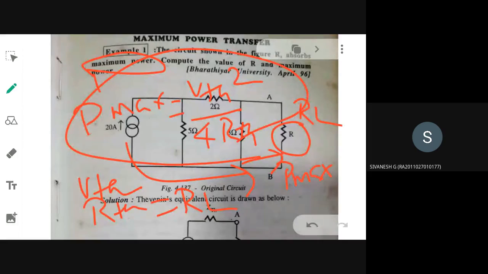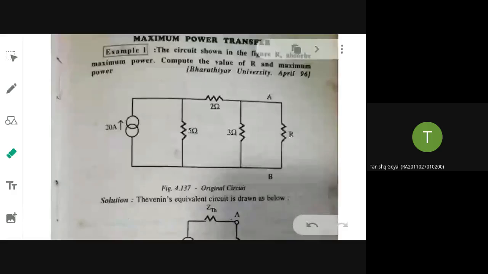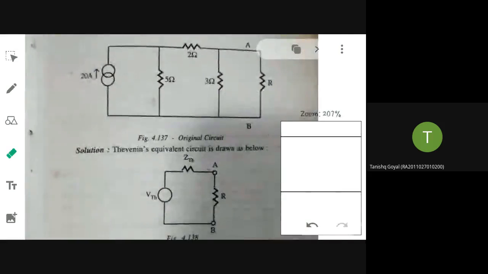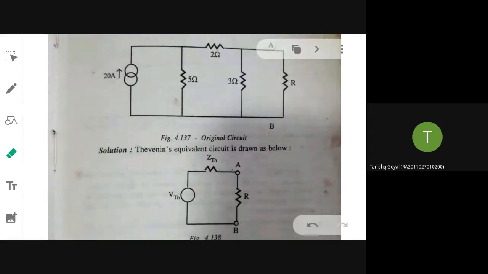Okay, that way we will try to solve the problem, but two unknown parameters are there. What are the two unknown parameters? R Thevenin and V Thevenin you need to find out. So you know how to proceed with finding out V Thevenin. VOC or V Thevenin, how will you proceed?